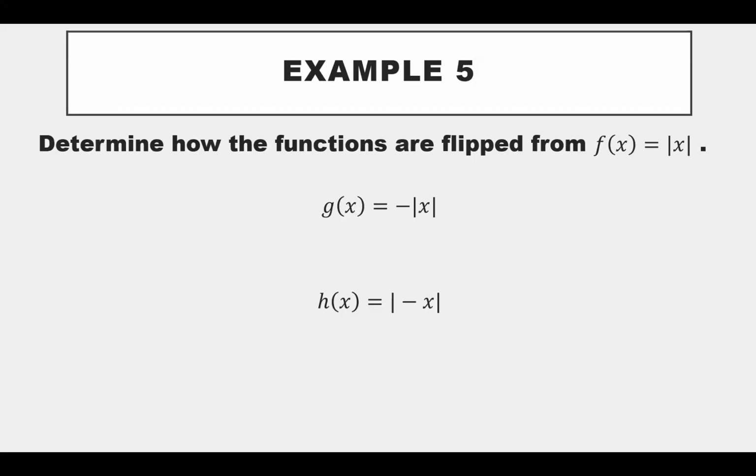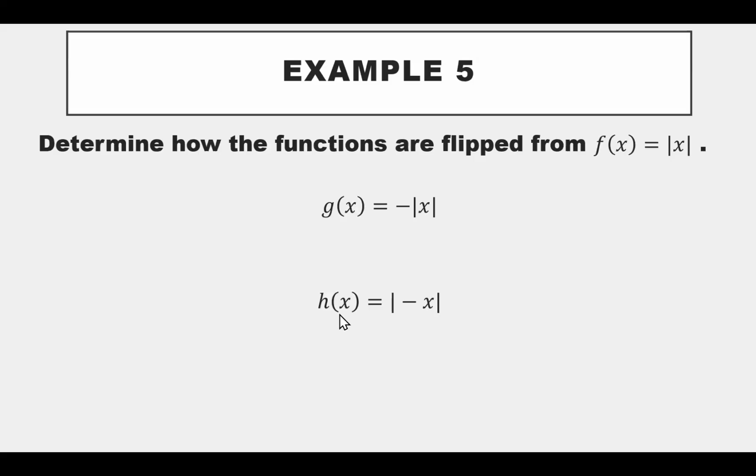All of the y values turn from positive to negatives. H of x being the absolute value of negative x, that would have been a flip across the y-axis. So g of x is a flip across the x-axis. H of x is a flip across the y-axis.